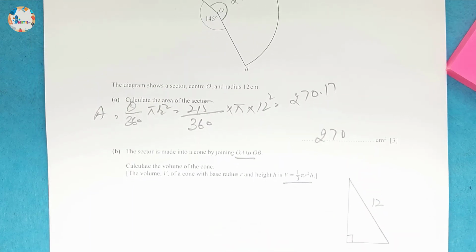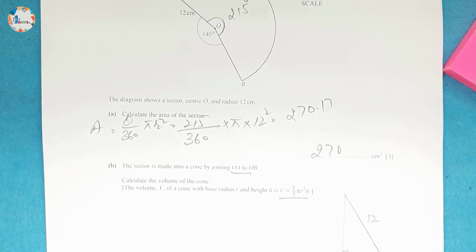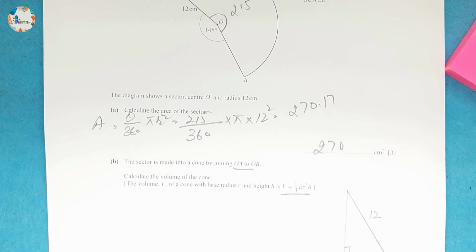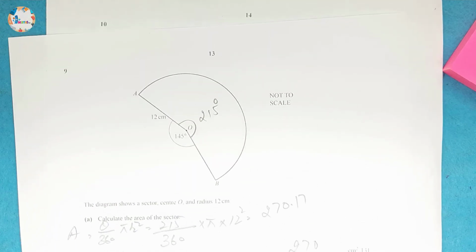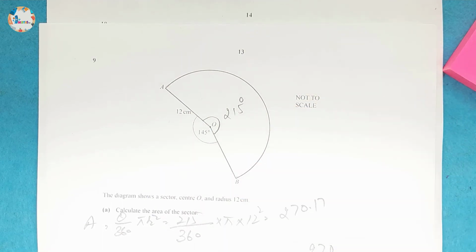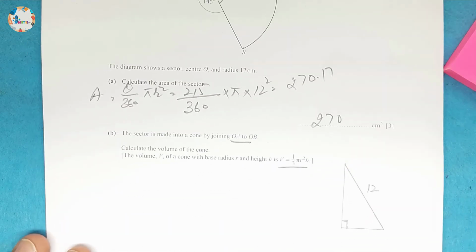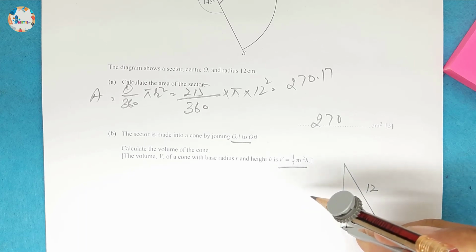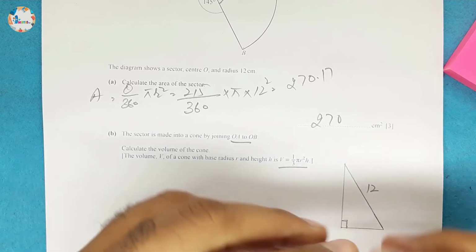So this arc length of the sector will be converted into the circle base of this cone. I'm drawing the base for your understanding, it's not required basically.